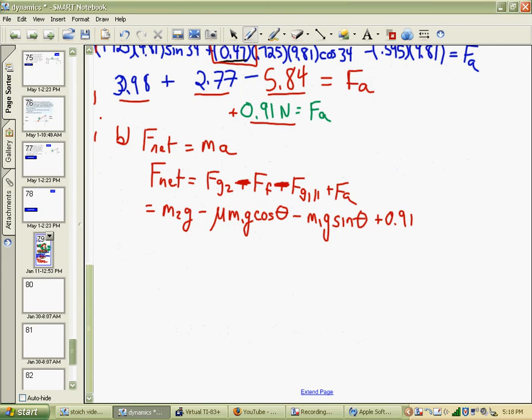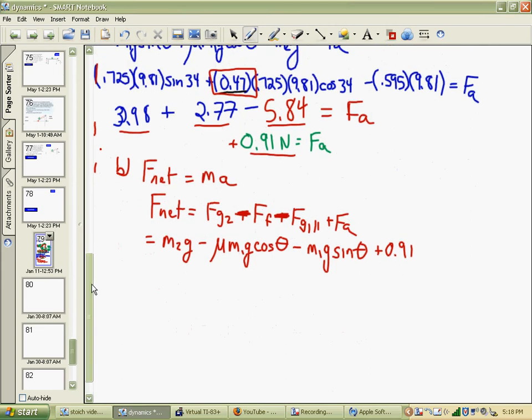Some of the numbers we're just going to draw upon what we already had. We knew that M1 g sine theta was 3.98. So that goes right here, 3.98 and 0.91. We knew that M2g was 0.595 times 9.81, so it's 5.84.